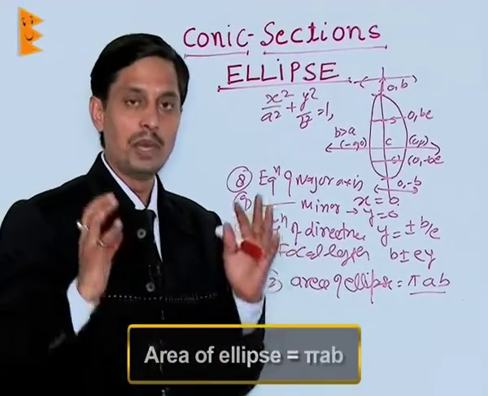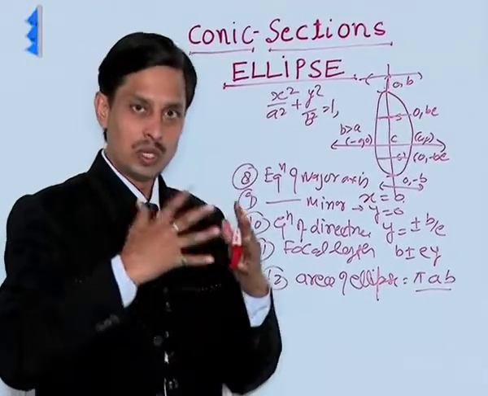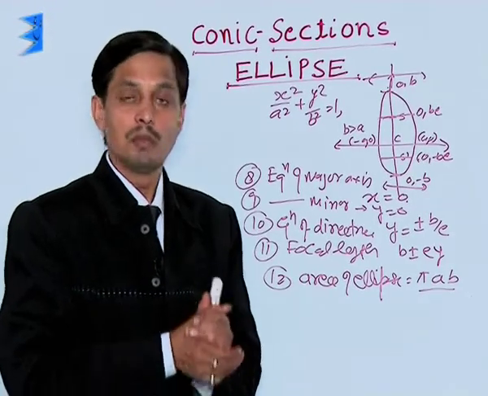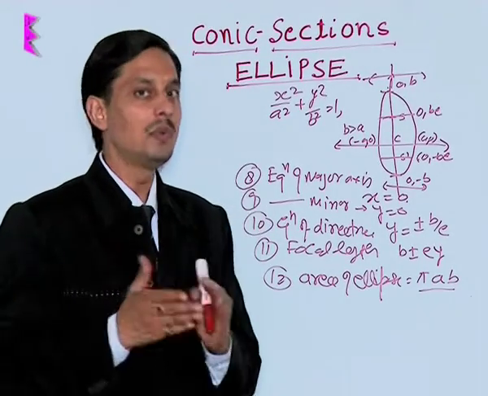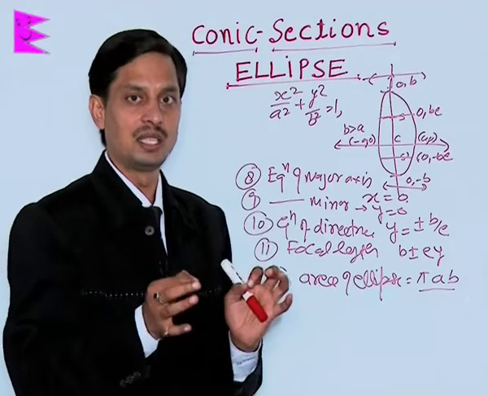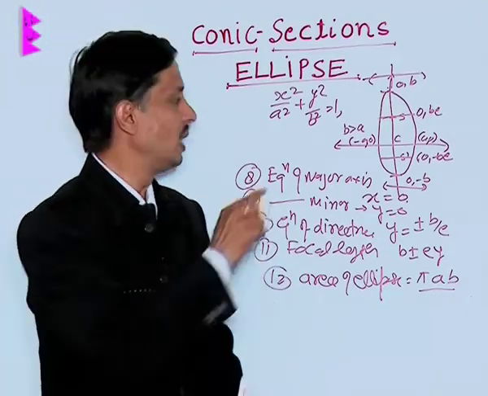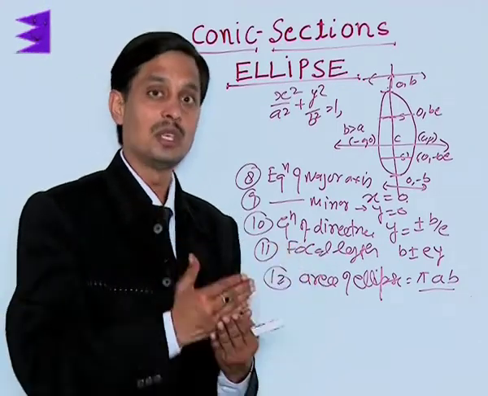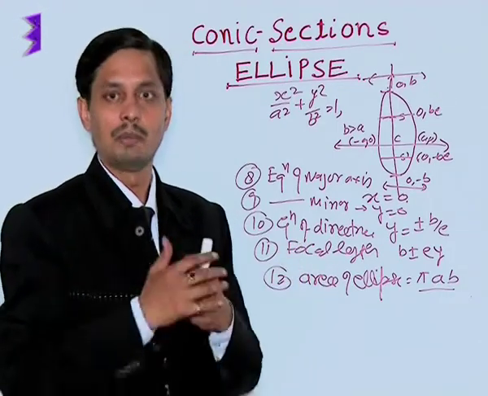So what are the basic informations we should remember to solve problems based on the ellipse? The very first information: we should recognize whether a is greater than b or b is greater than a, to decide what type the ellipse is, type 1 or type 2.